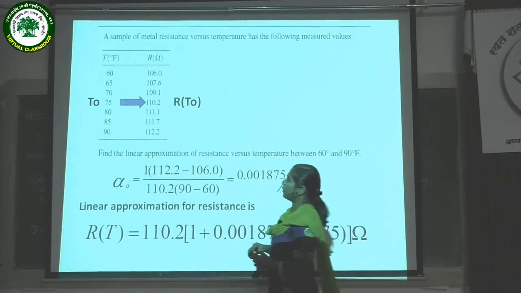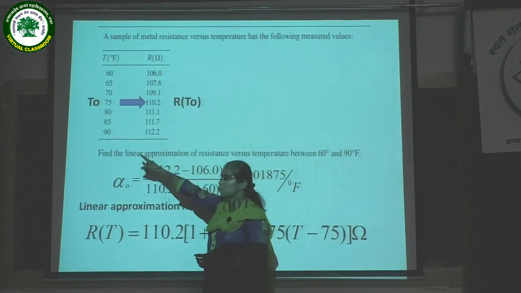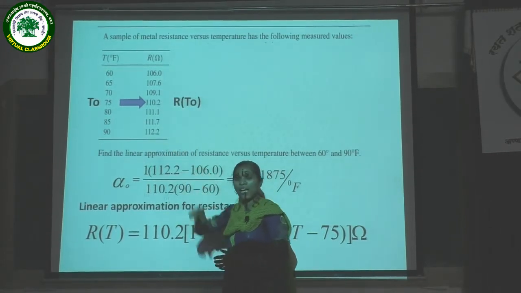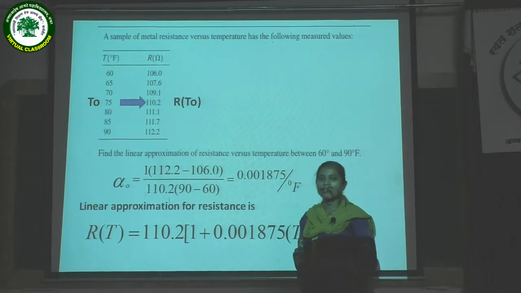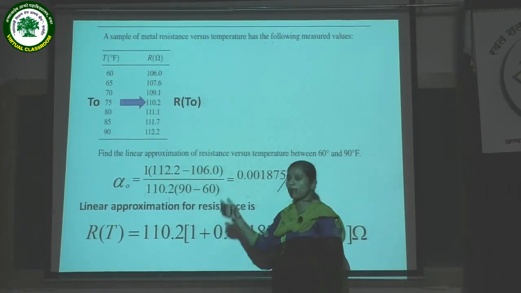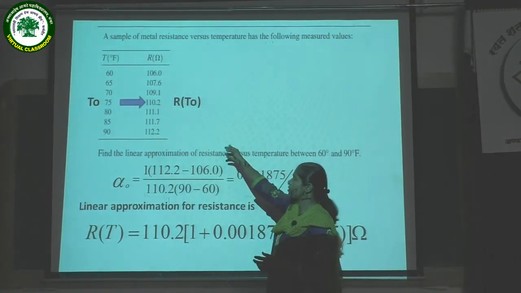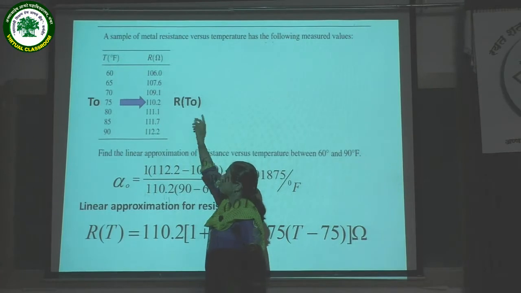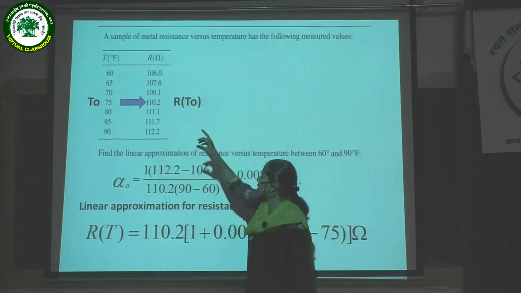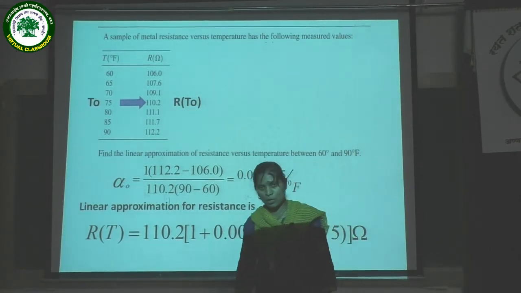You will see that the temperature begins from 60 and reaches 90 degrees, and therefore the middle, that is 75, we have selected as T0. The corresponding resistance we call RT0, that is the resistance at temperature T0, and this is the beginning step we have to follow for linear approximation.